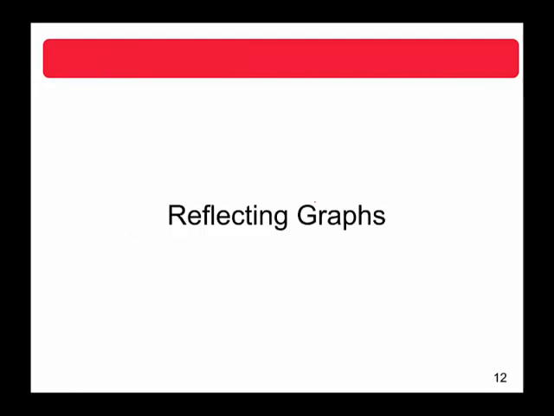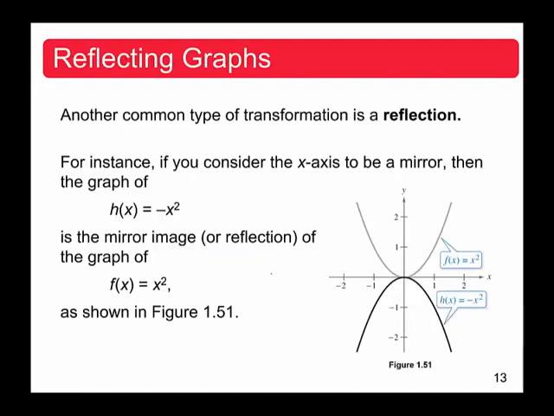Now, the second type of transformation is what we call reflection, reflecting graphs. Okay, so let's look at reflection. So we have 2 types of reflection. Reflection about the x-axis: if you look at the reflection about the x-axis, you see with the same x values, y values are exactly the opposite.